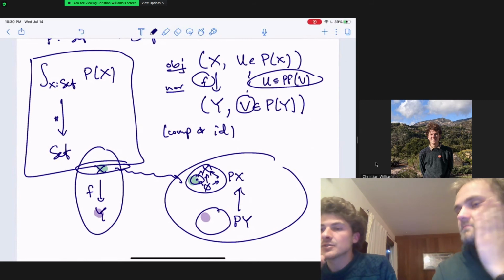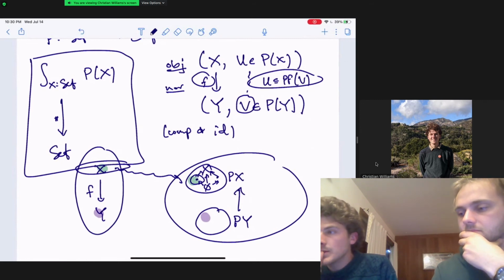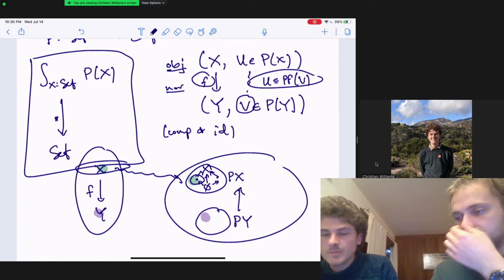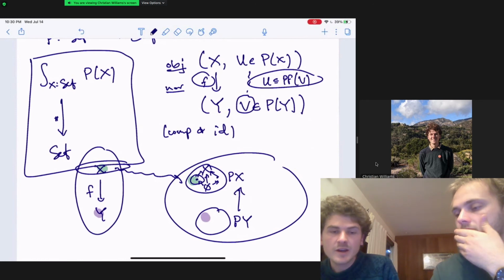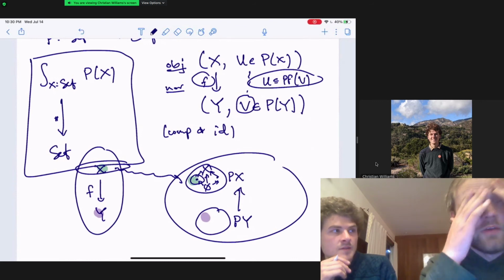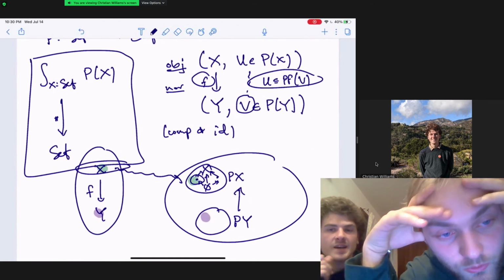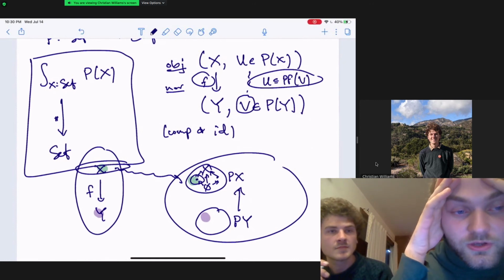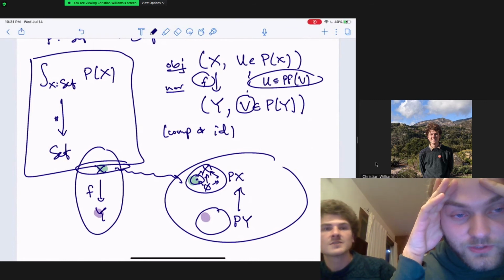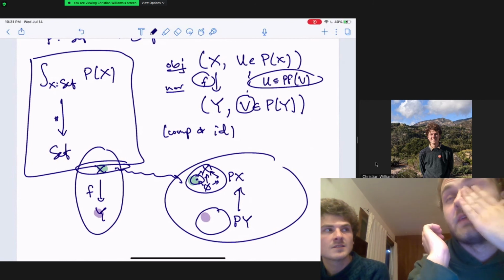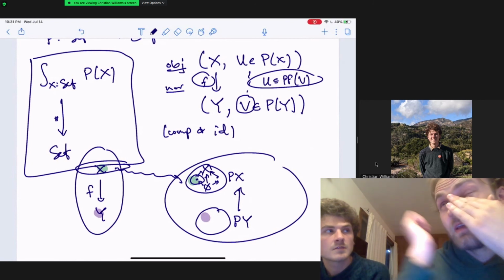Basically, you can internalize this stuff by thinking about the 2-category of fibrations. The 2-category of fibrations is just like a subcategory of Cat over Set.